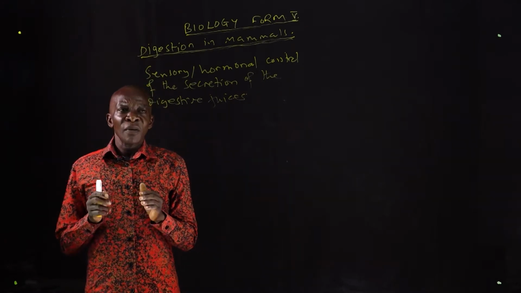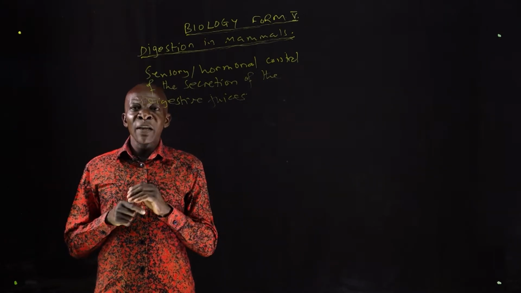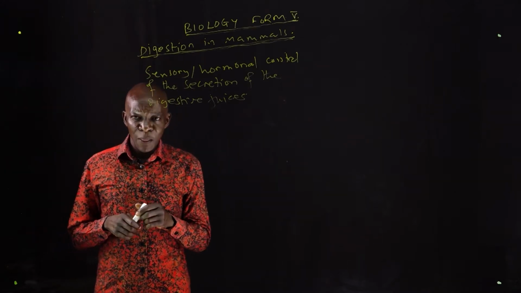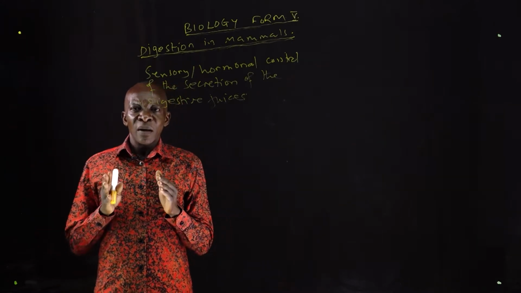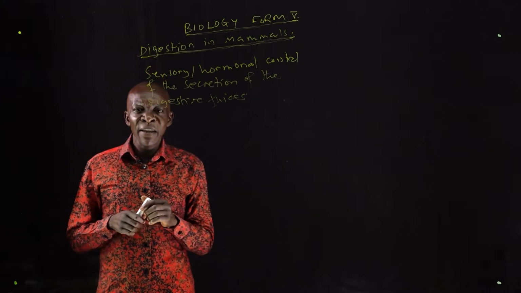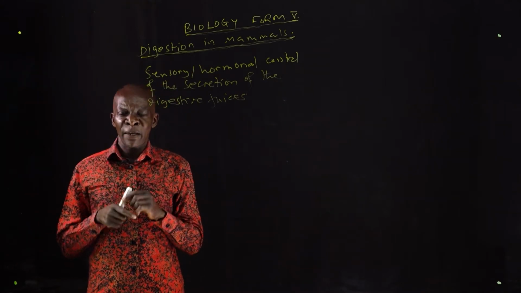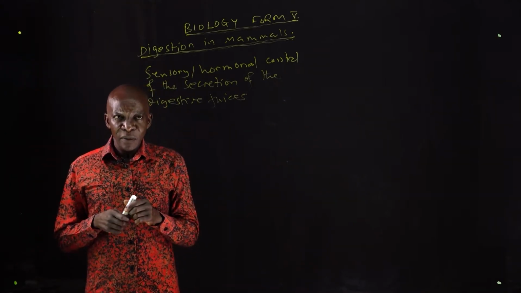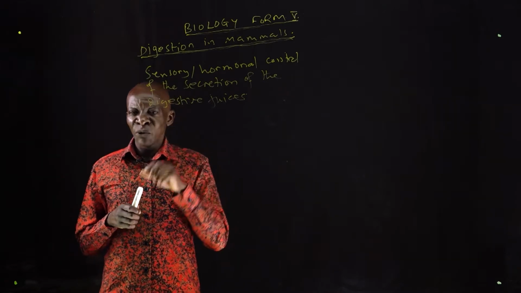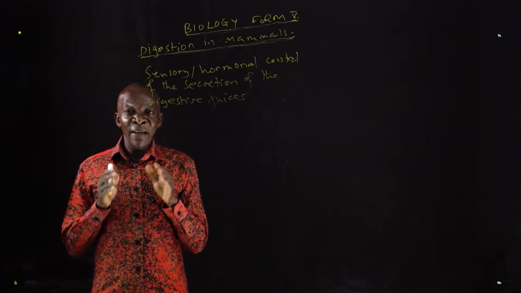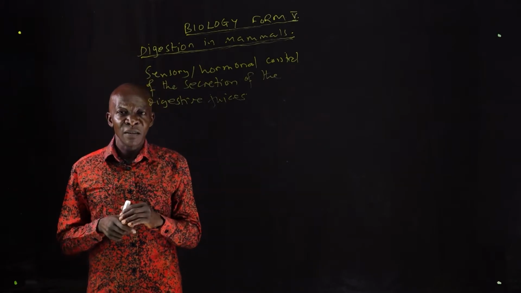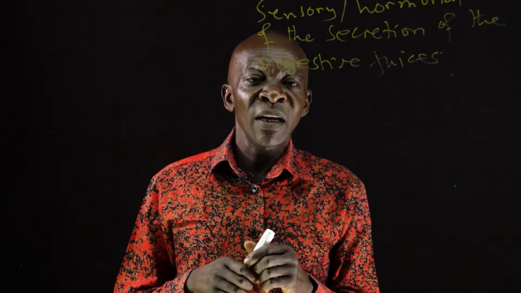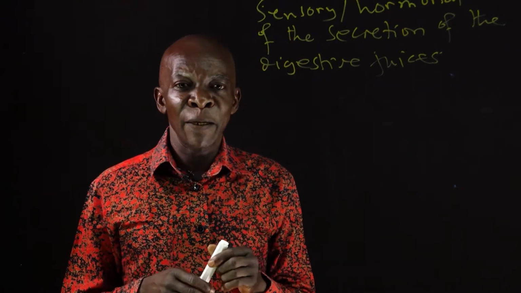Now, the bulk of the digestive juices are released when there is a digestive role to play. The majority of the digestive juices are released from their respective glands when there is a digestive role to play.